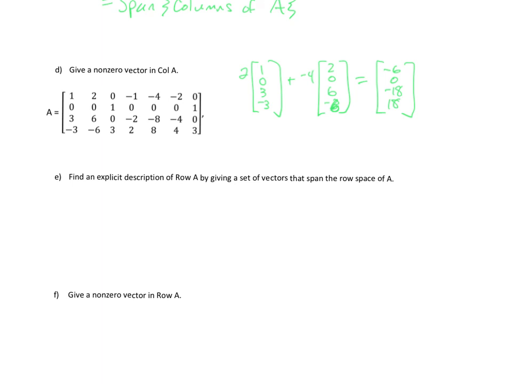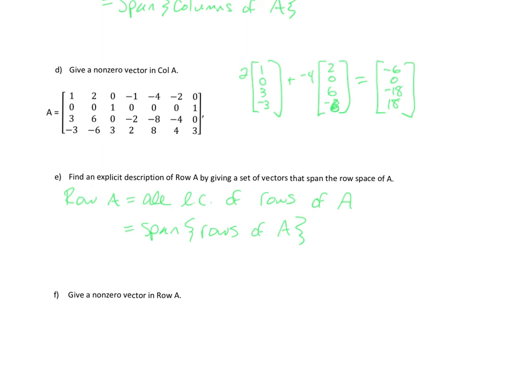So row A is all linear combinations of the rows of A, which means that is the span of the rows of A. So all you have to do is list the rows of A and you have a spanning set. Very similar to finding a spanning set for col A.